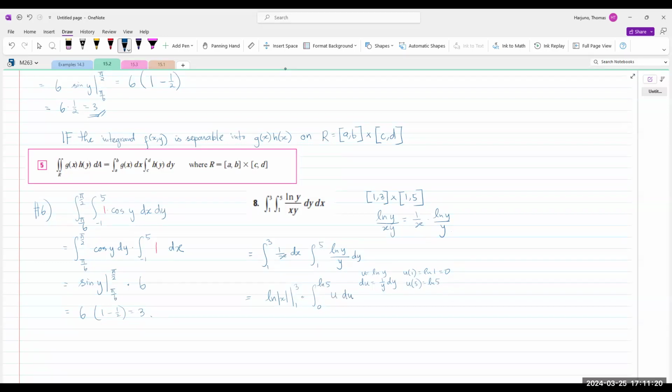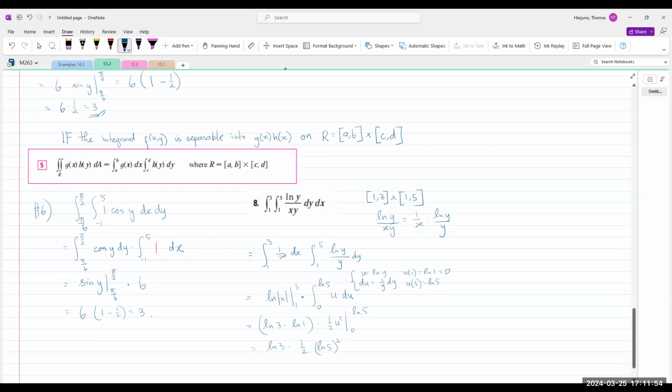Okay. Notice I don't want you to detach that integral. If not necessary, don't detach them. This becomes natural log of 3 minus natural log of 1, which is 0, times 1/2 u squared from 0 to natural log of 5. So this is natural log of 3 times 1/2 natural log of 5 squared.